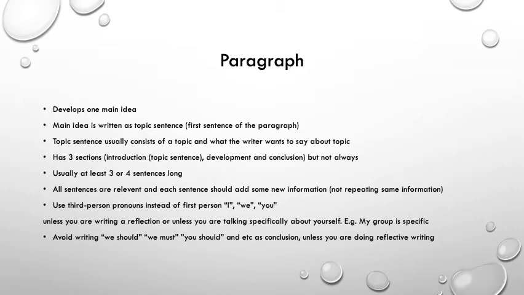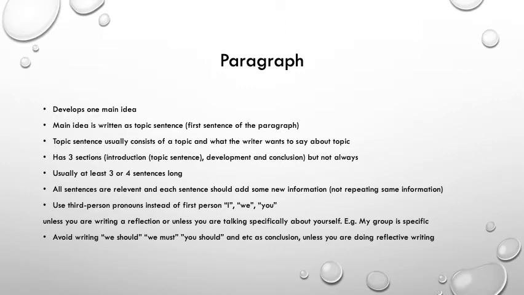A paragraph develops one main idea, and we usually call this a topic sentence, which is written at the beginning of the paragraph. A topic sentence is usually not short because it consists of the topic and what you want to say about this topic.